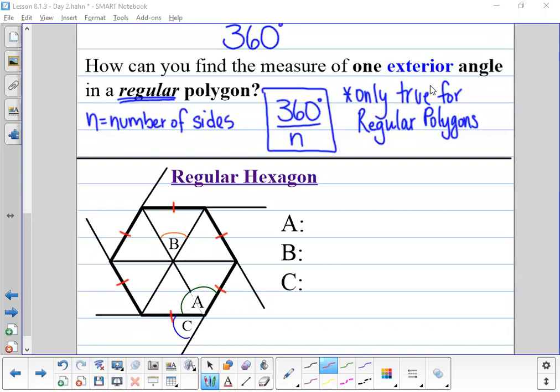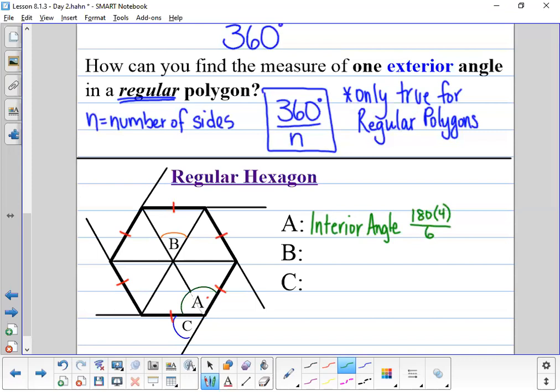So here I have a regular hexagon and a couple of different angles marked. Angle A, right down here, is an example of an interior angle. Since this is a regular hexagon, I can find that angle measure by doing 180 degrees times 6 minus 2, so times 4, and then dividing that by 6.